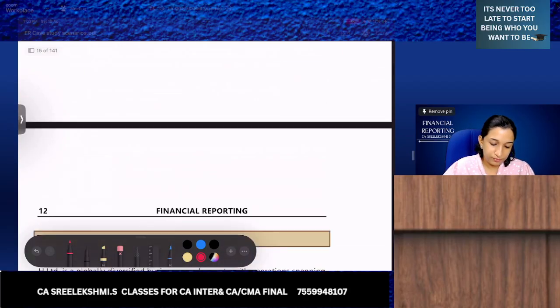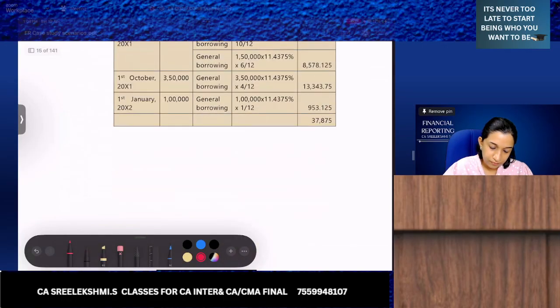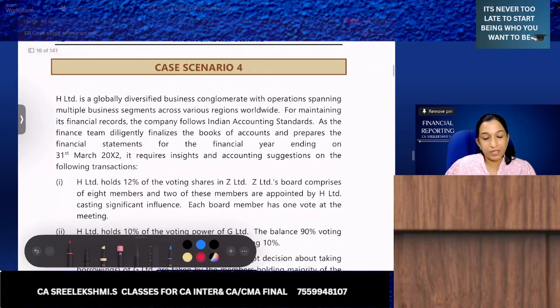Now, case study scenario number 4. H Limited is a globally diversified business conglomerate with operations spanning multiple business segments across various regions worldwide.